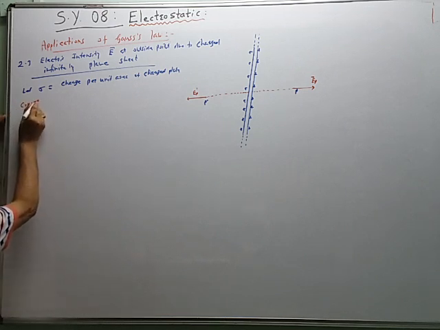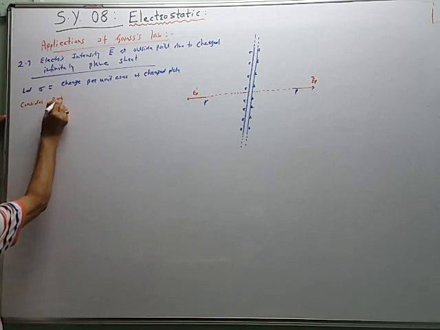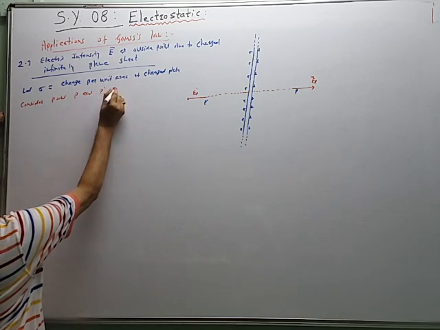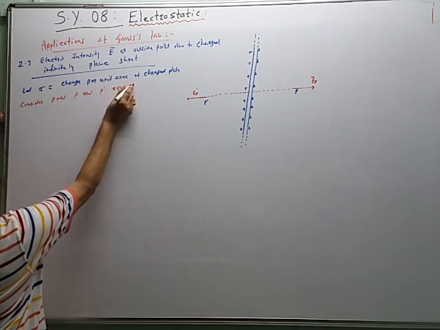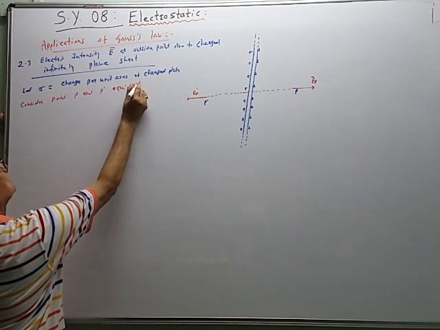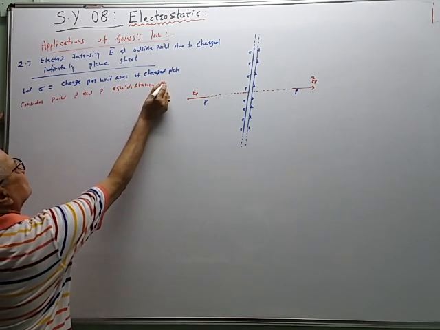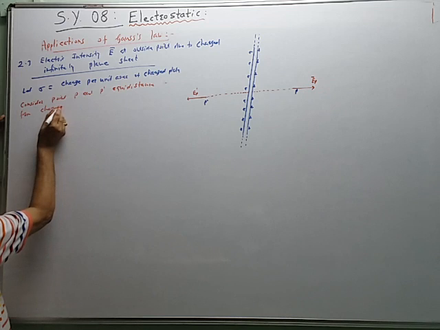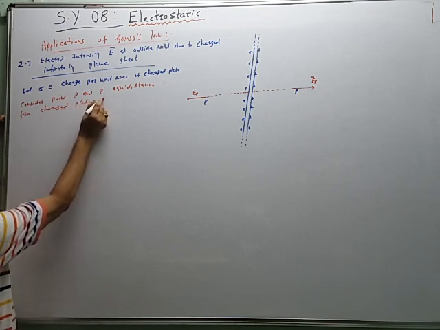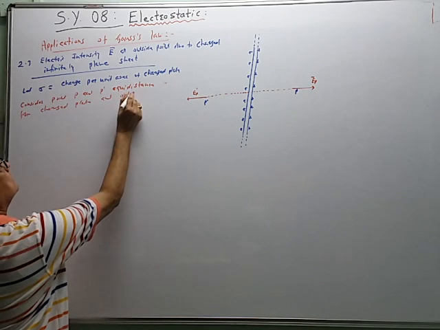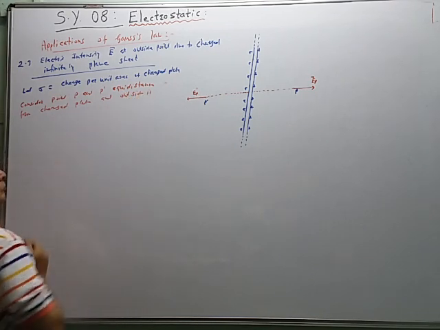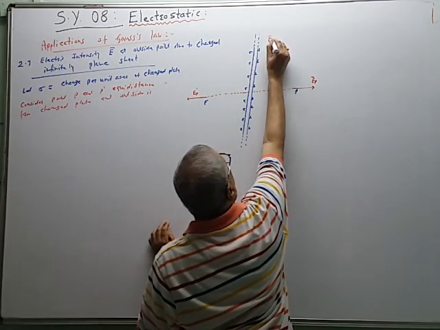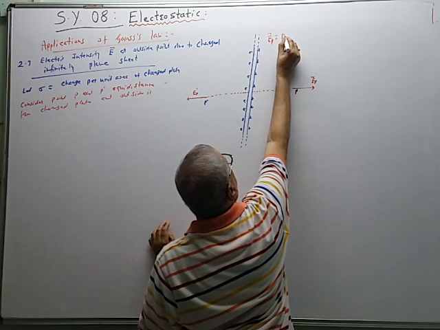Consider points P and P dash equidistant from the charge sheet, and outside it. Therefore EP is equal to EP dash.